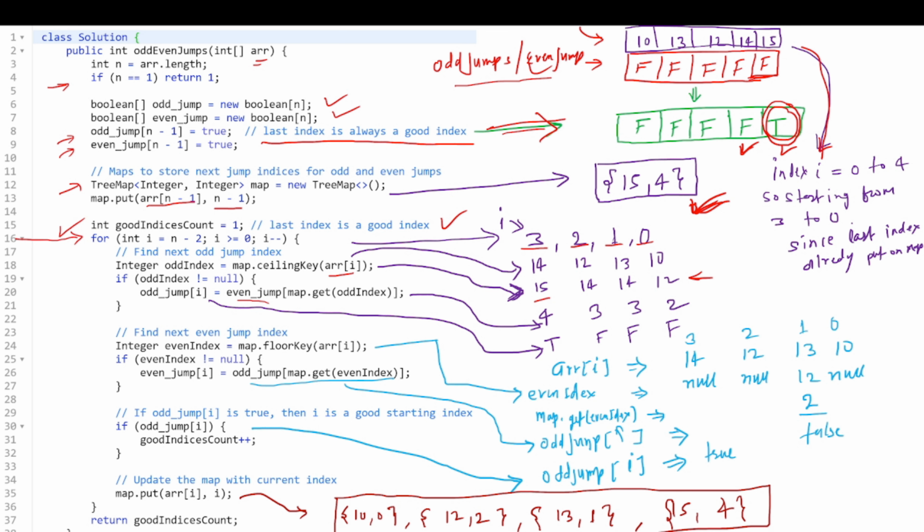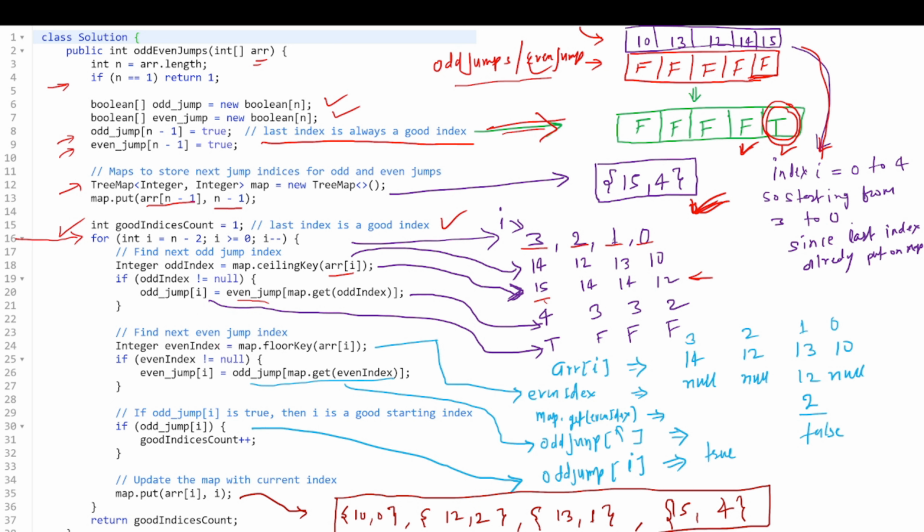Like 15 we cannot take as 15, right? So for 14 we have the largest as 15, but for 12 we have 13, right? For 13 we have 14, for 10 we have 12. You understand? Like that we have to find. That is why we are using the ceiling key, right? I hope you understand. Pause this video, try to understand, then you will understand. That is why I have written all these things here, so you will understand this, right? Make a note of this video.